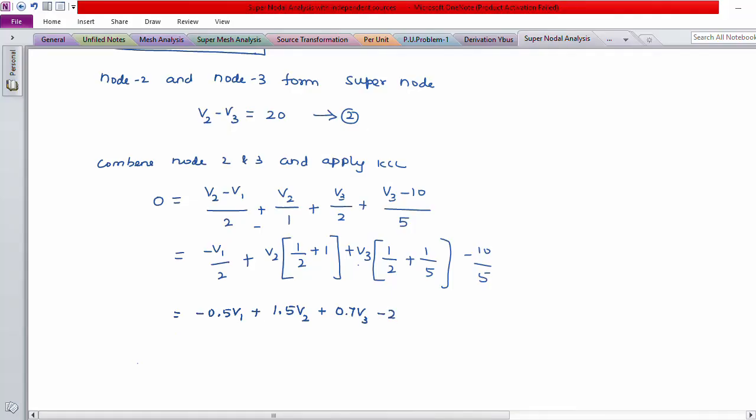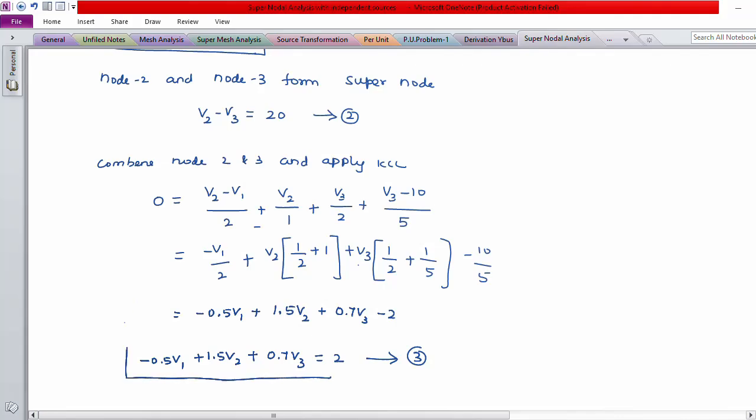So we can write the equation in simultaneous form: minus 0.5 V1 plus 1.5 V2 plus 0.7 V3 equal to 2. Take this as equation number 3.